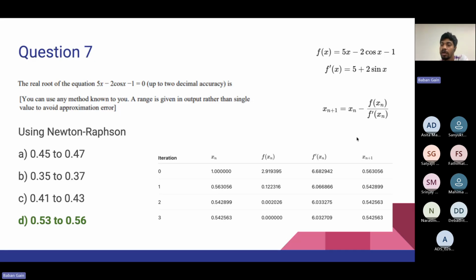Apply them again with xn here, and we get this value. This will continue, and after some point you can see that there is no further improvement. So this is the final value, 0.542563, and you can say that it is within this range.